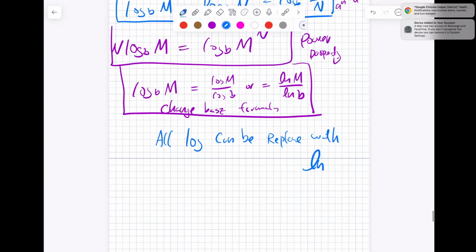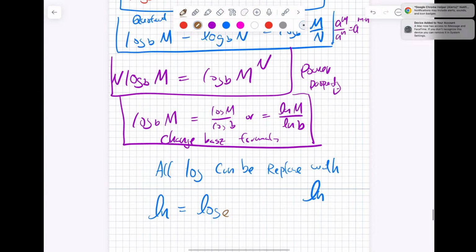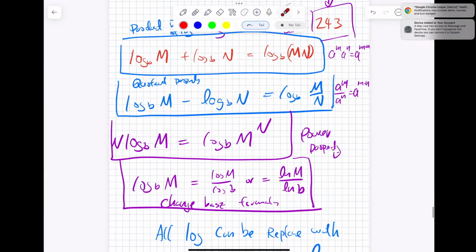Natural log is equal to log base what? e. It's actually log base e. So these are interchangeable. You can replace all the logs right here. You can say that's natural log, that's natural log, this is natural log. Yeah, ln.